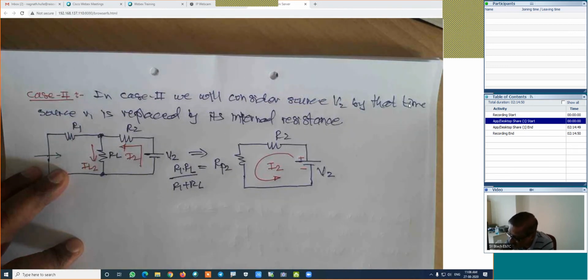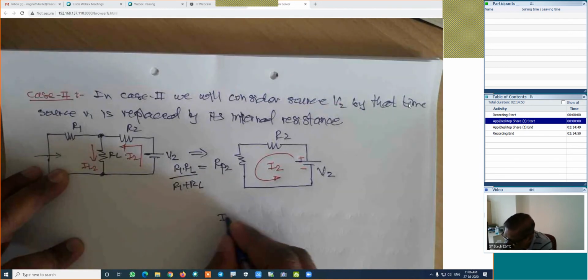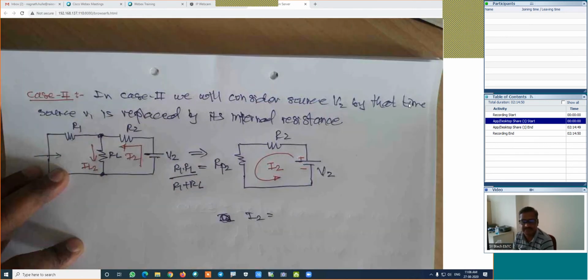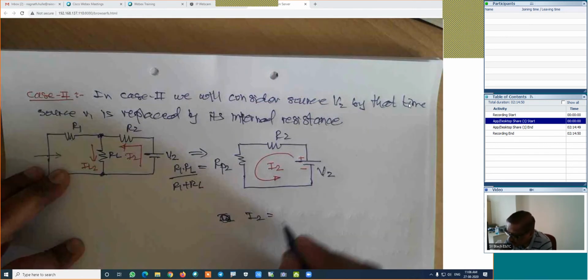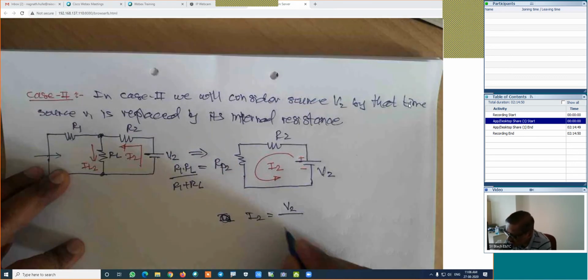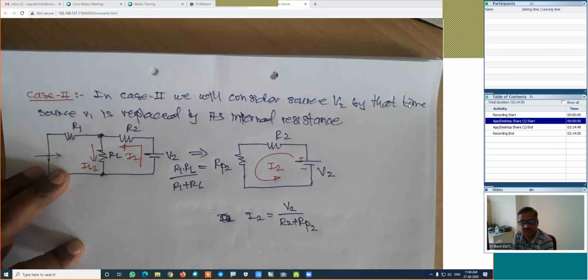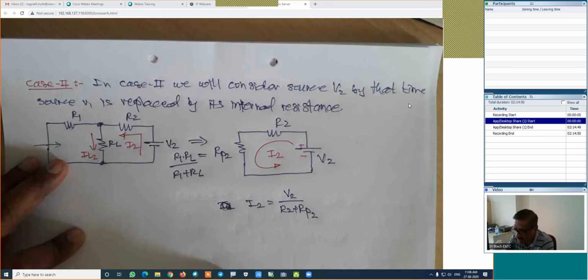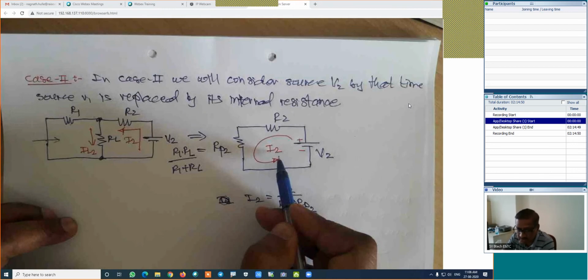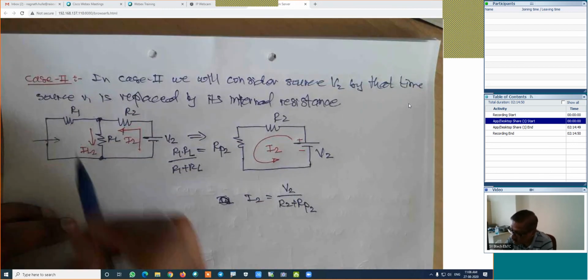First find out its total current, I2. How is the formula? Total voltage divided by total resistance. Total voltage is V2 divided by total resistance, R2 plus RP2. We have got the total current. Now try to find out the current in this branch. Come to the previous figure and find out this IL2.